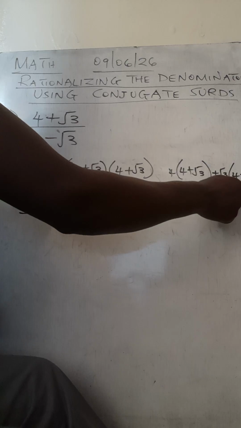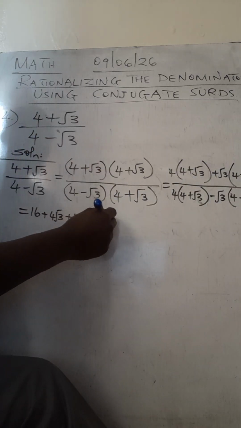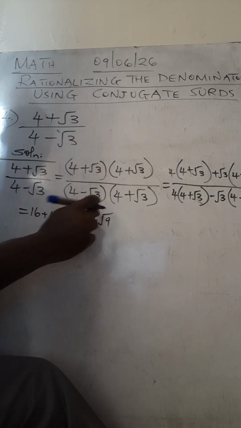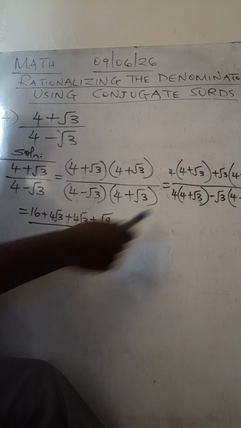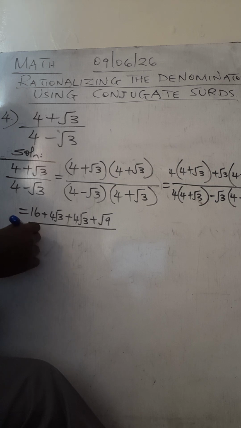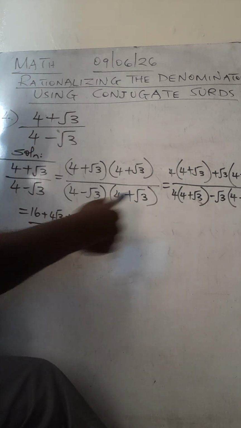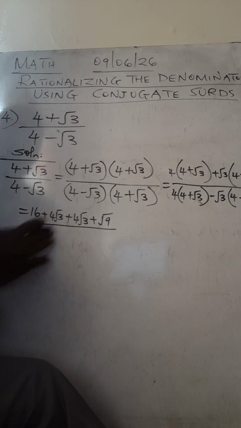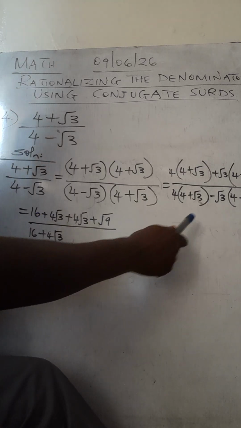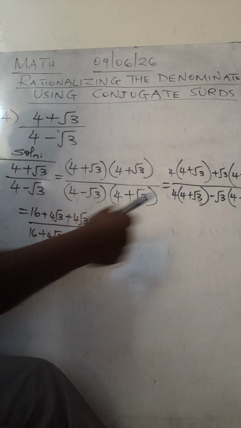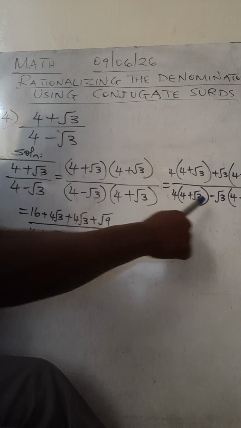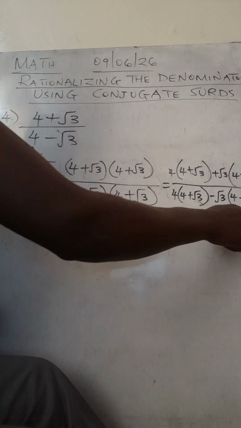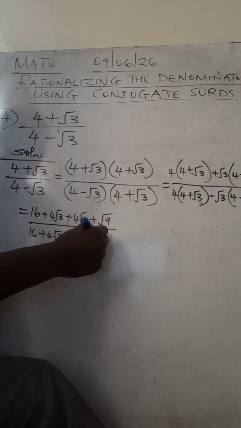Root 3 times root 3 is root 9, over 4 times 4 is 16. 4 times root 3 is 4 root 3. Negative root 3 times 4 is negative 4 root 3. Negative root 3 times positive root 3 is negative root 9.